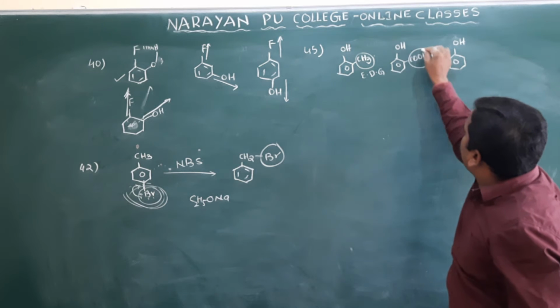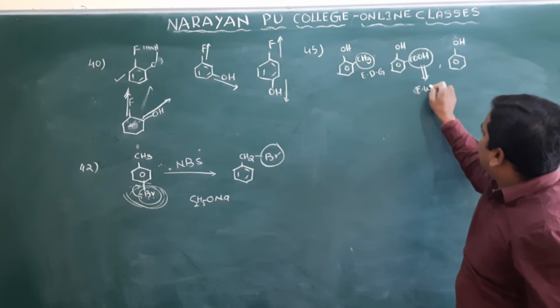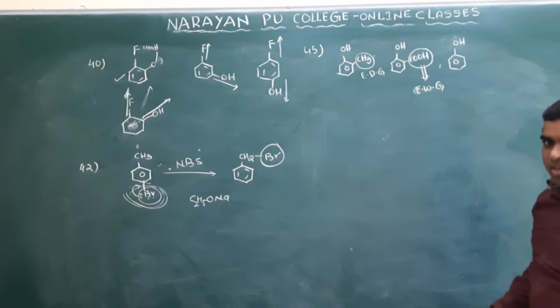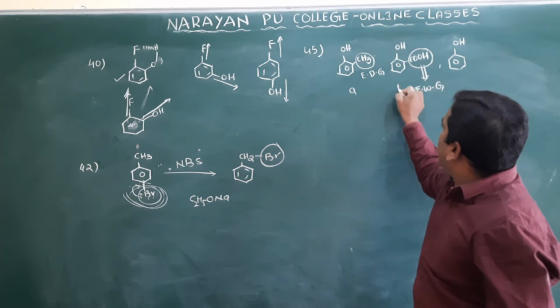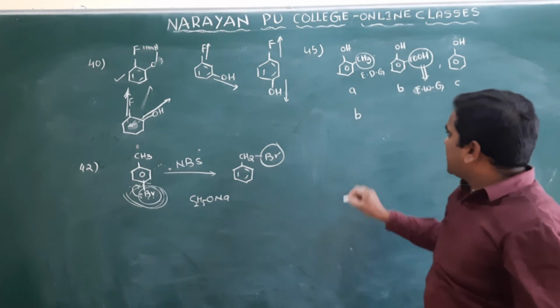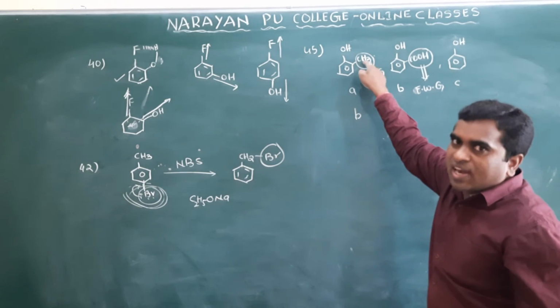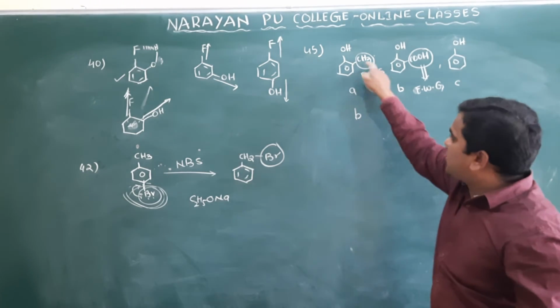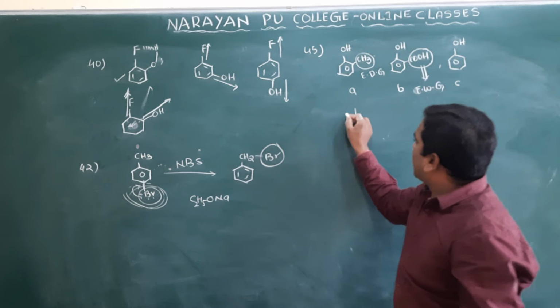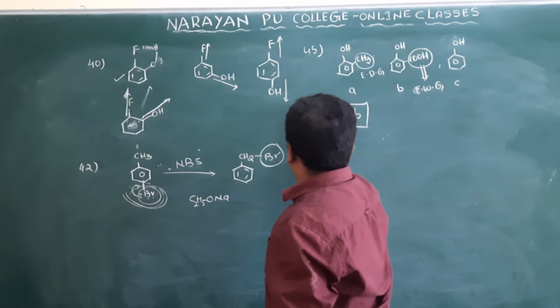Here COOH is a powerful electron withdrawing group. Clear? So that's why it is A, B and C. Which one is more acidic? B is more acidic, and if you compare A and C, an electron donating group is there, and an electron donating group decreases the acidic nature. So next one it will come C, and the last one it will come A. This is the increasing order.